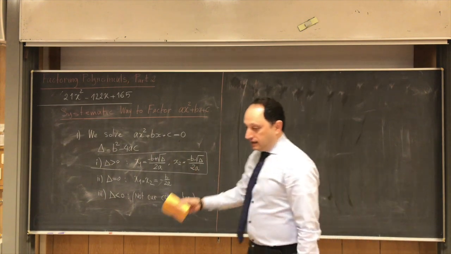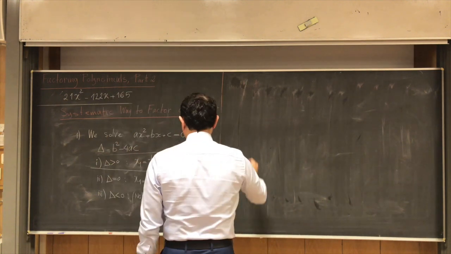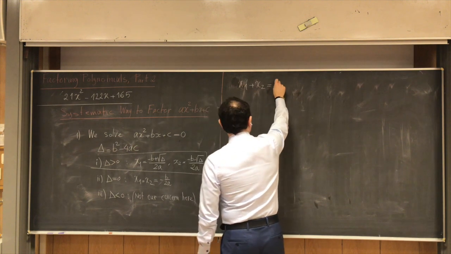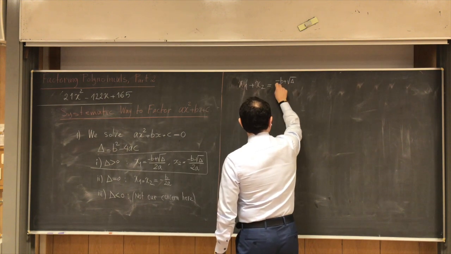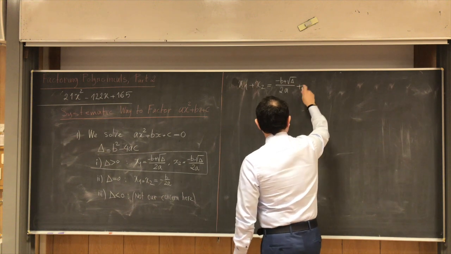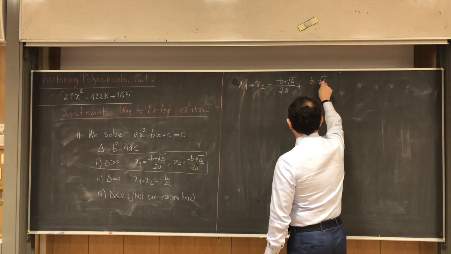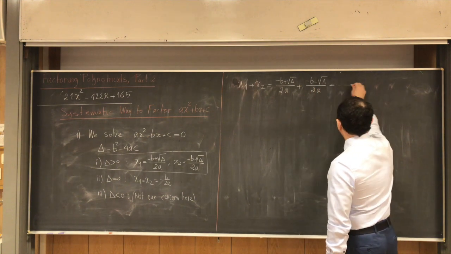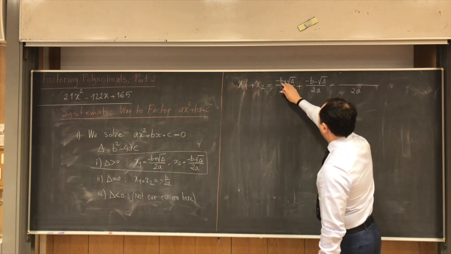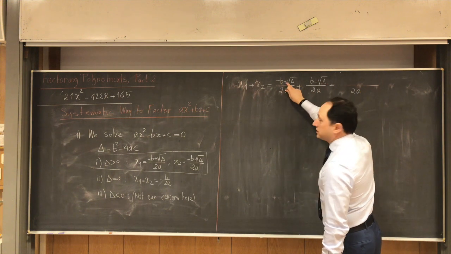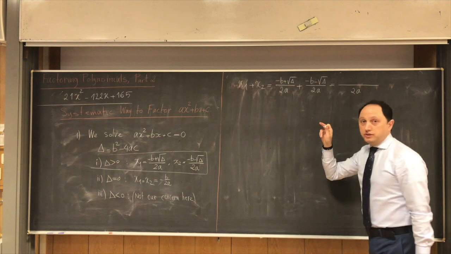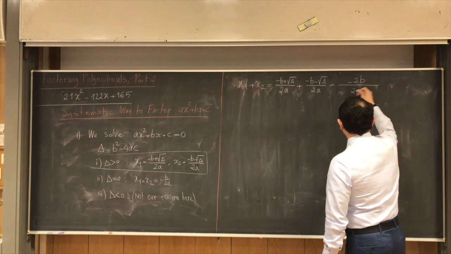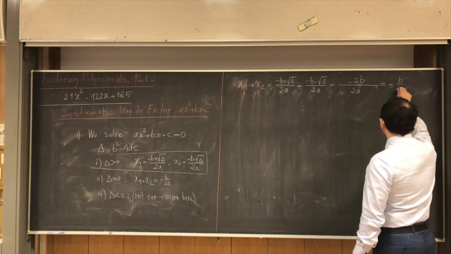So x1 plus x2 becomes minus b plus square root of delta, divided by 2a, plus minus b minus square root of delta, divided by 2a. I have the common denominator, 2a. The positive square root of delta and negative square root of delta will cancel out. Minus b becomes minus 2b, and then this 2 can be cancelled, so now I will get minus b over a.